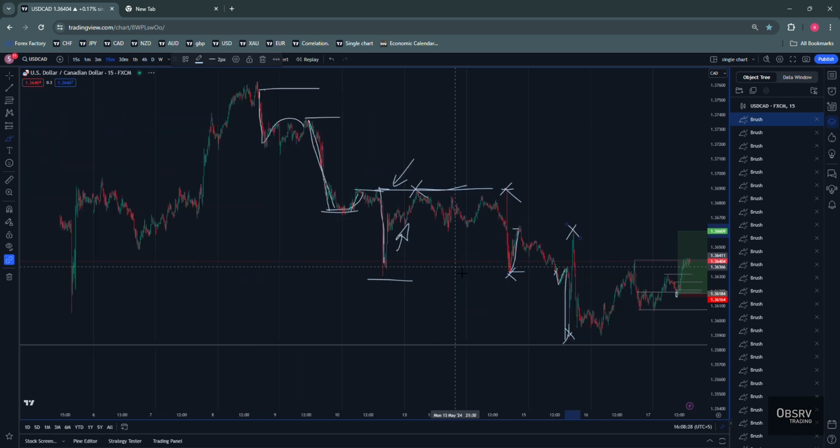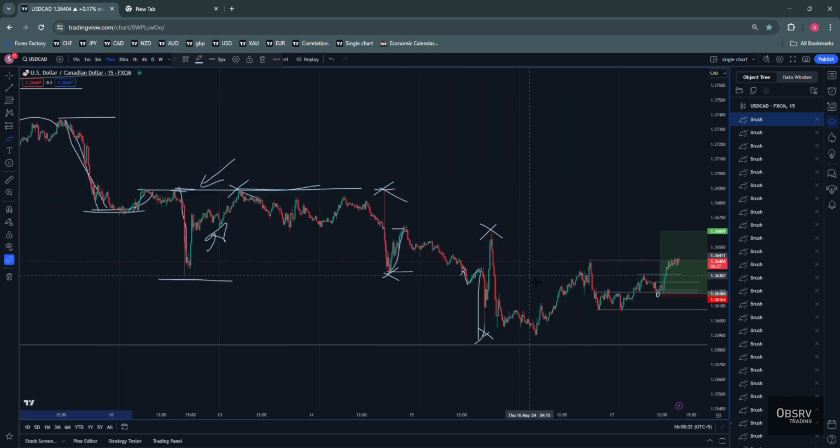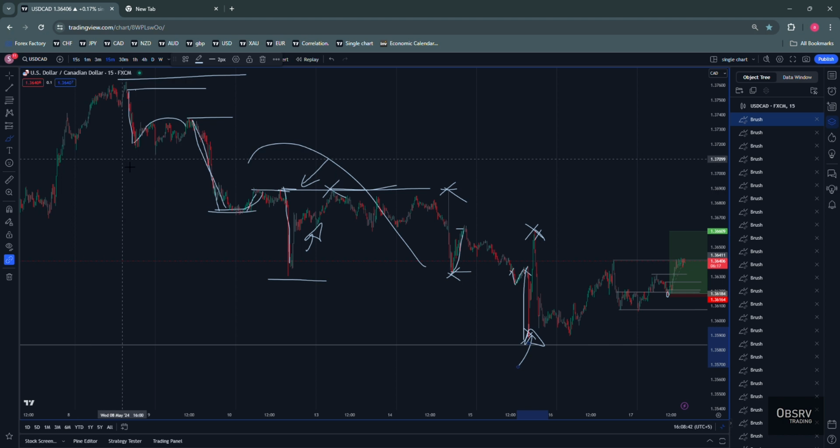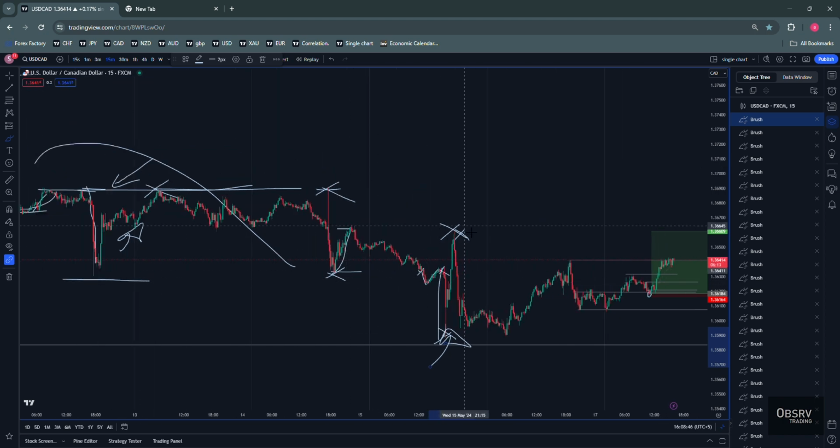At any point in time since we began from up there, this is the first time any seller along this way was taken out. You can go back in time and look at the chart however you want to. This is the first time a higher high comes in and goes through the sell.